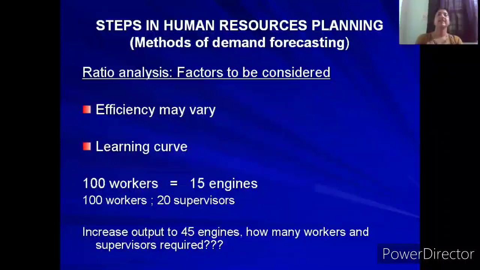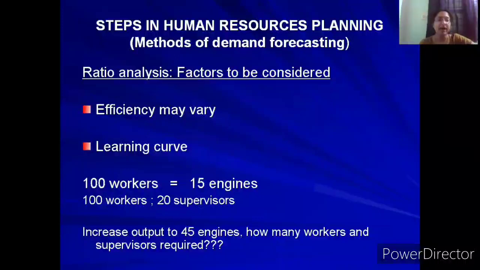There is another interesting factor which has to be considered, something called a learning curve. So how does this learning curve work? The meaning of learning curve is this: it states that as an employee keeps doing work repeatedly, the employee improves in his work.